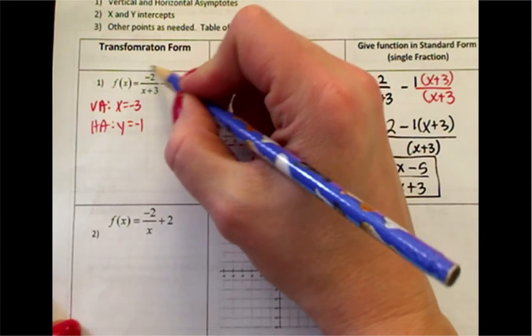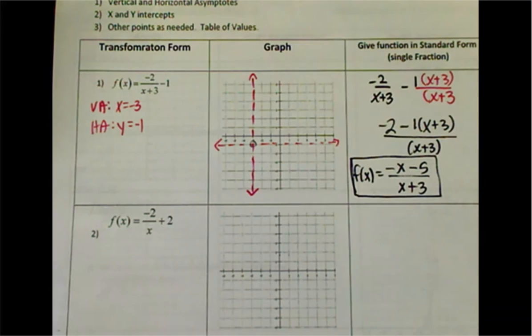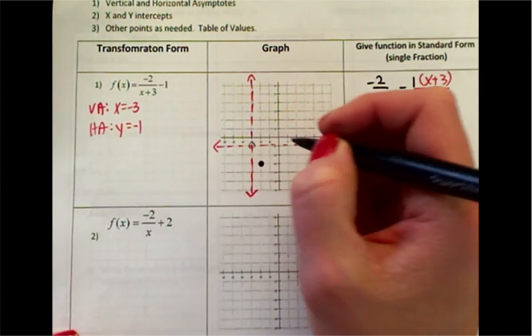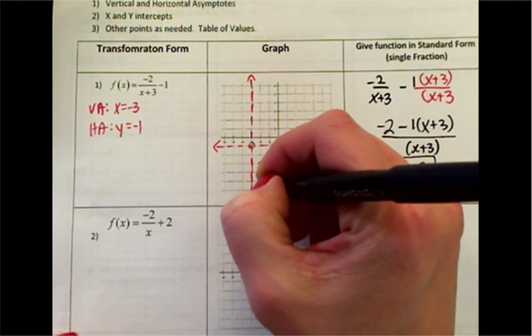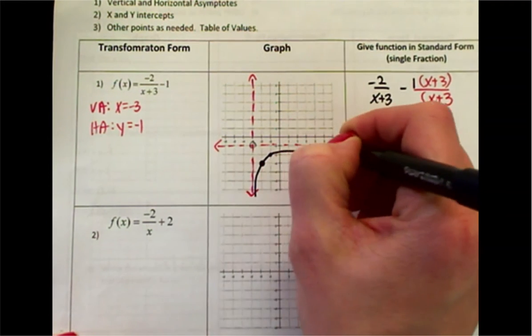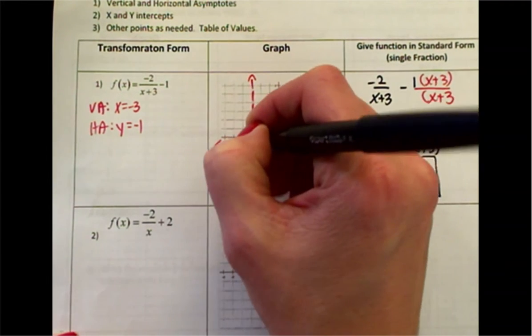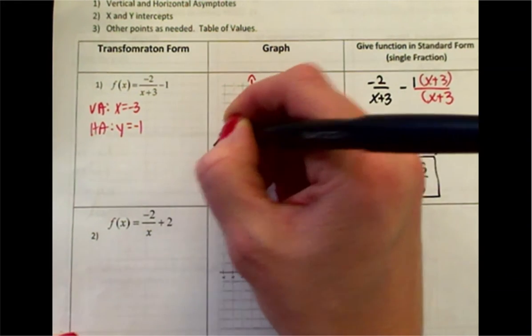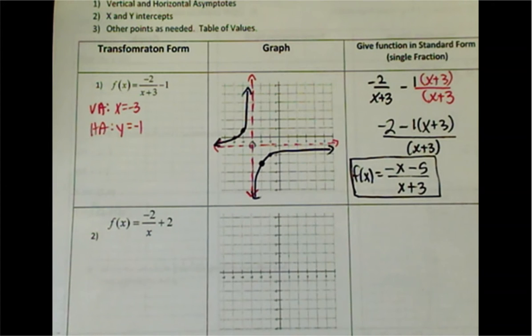My A value is negative 2, so that's going to make it reflect. So my quadrants are going to be top left and bottom right. So it's going to go here, here and here. Luckily, I already see the x-intercept plotted.